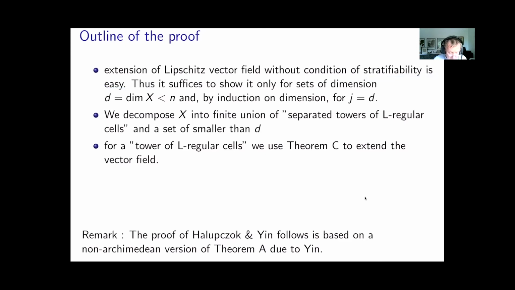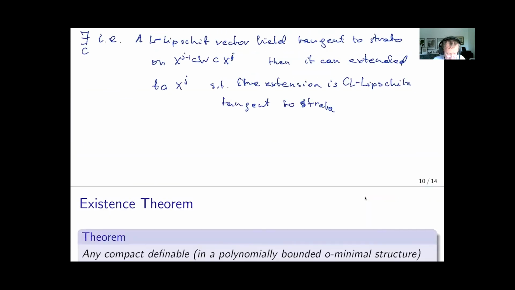So when you have a set of maximal dimension, you just stratify it to dimension one less, because afterwards it's trivial. And then you can assume that the set is of smaller dimension, and then fix the set and use induction on the dimension J of this place you would like to extend in.